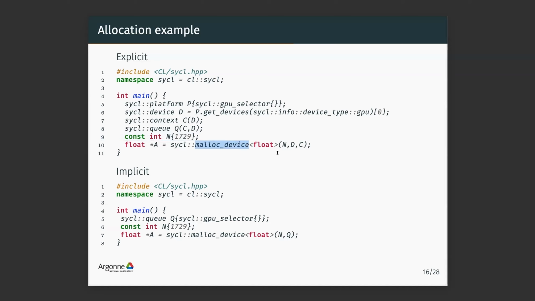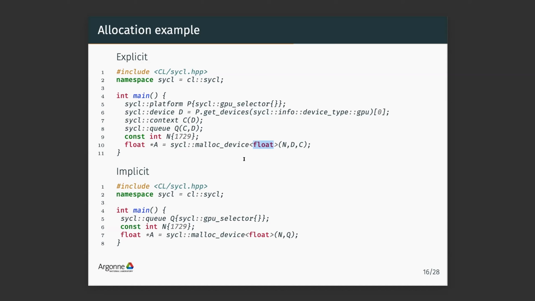I call malloc device with the size as the first argument, on this device and on this particular context. A good thing is that because this is C++, malloc device is templated, so you can pass the type. You don't need to cast to a float afterwards or use the size of float. This is a pretty nice C++ capability.